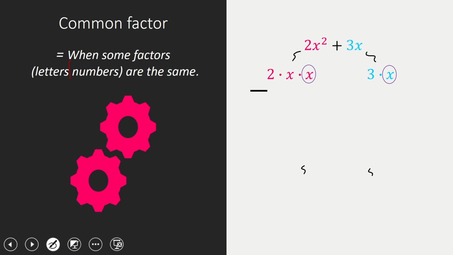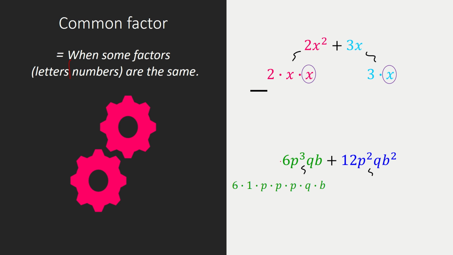Now, let's have a look at the second example. We had 6p to the power of 3 qb plus 12p to the power of 2 qb to the power of 2. If we're going to have a look at the first one, it means I've got 6 times 1 times p times p times p.